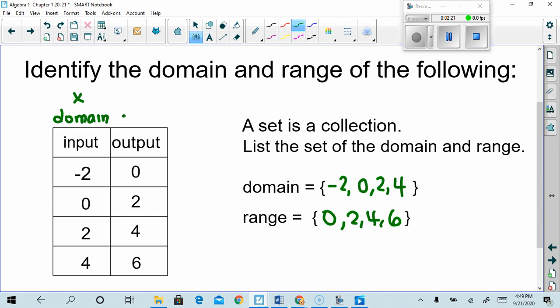This output we just said is our range, and we're going to realize that those are our y values. X's and Y's, as you probably already know, are ordered pairs. And what do we do with ordered pairs? We graph them. So this is the beginnings of graphing functions.